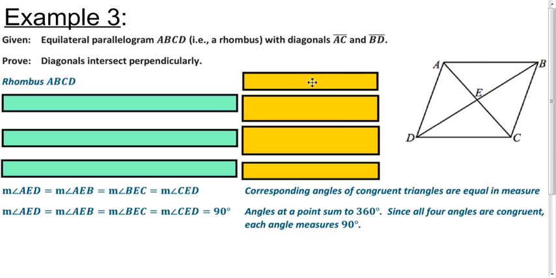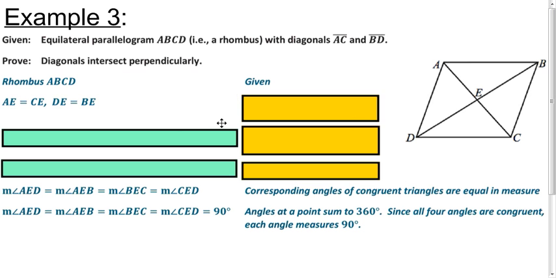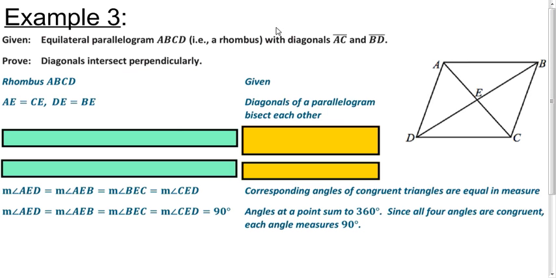Well, we have a rhombus. It's given to us. And what's a property that we know about a rhombus? Well, it's a parallelogram. So we know that the diagonals bisect each other. So we have AE congruent to CE and DE congruent to BE.